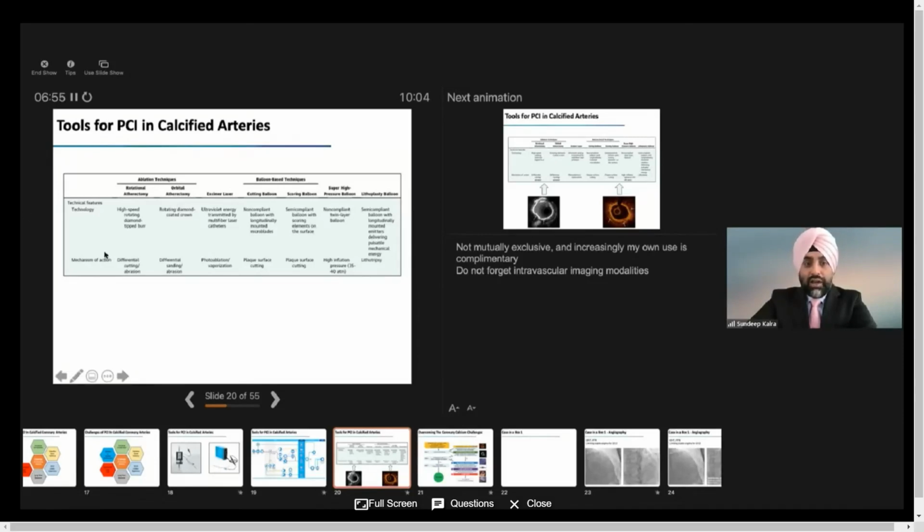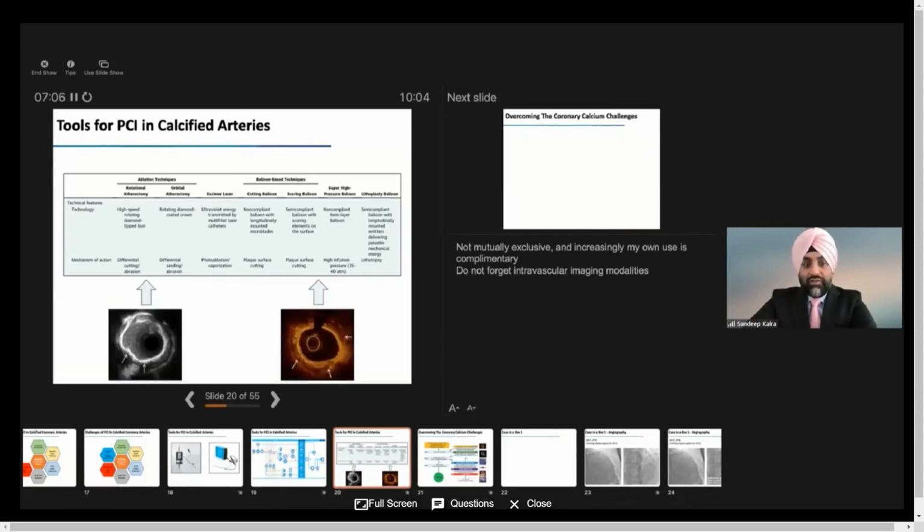And then also we have laser therapy to try and treat calcified vessels, and these are the options currently available to us. But key to this, beyond just having these tools, intravascular imaging is absolutely key, and I'll demonstrate now in a few cases how we can use intravascular imaging to choose our tools, but also to help us deliver the best procedure we can.